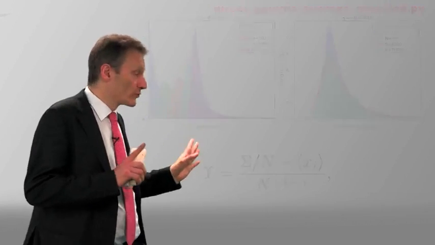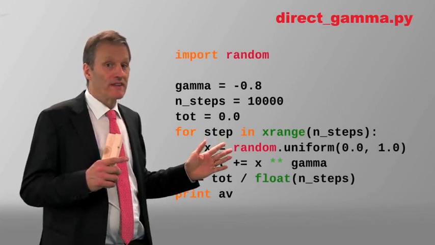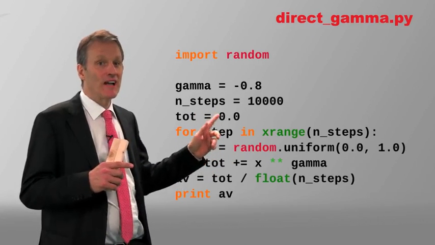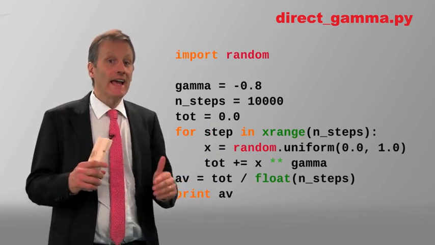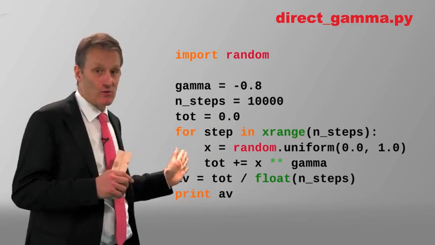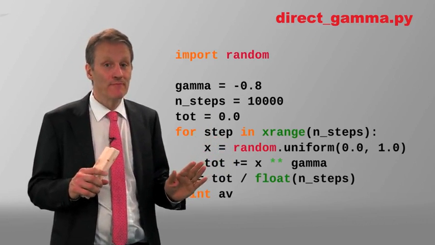So before concluding this lecture and this whole lecture series, please take a moment to download, run and modify the programs we discussed in this section. There was direct gamma.py, the program that was supposed to compute the integral dx x to the gamma between 0 and 1, and that had a lot of problems doing this for gamma between -1 and -0.5, even though the integral existed.